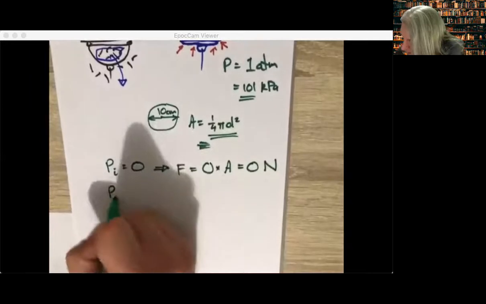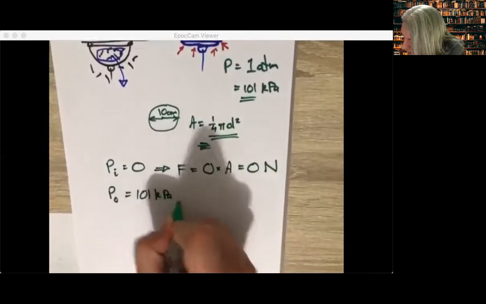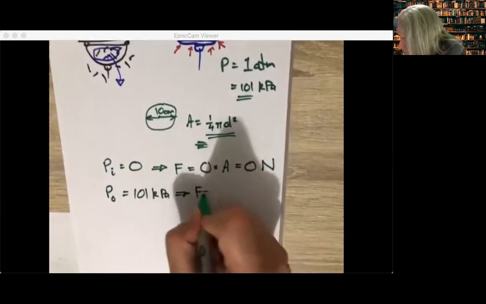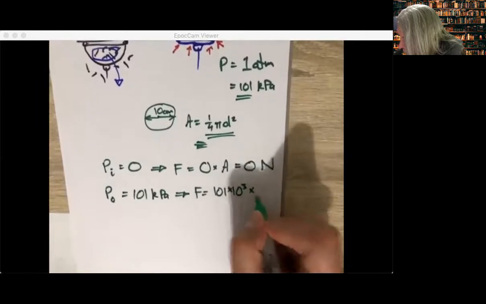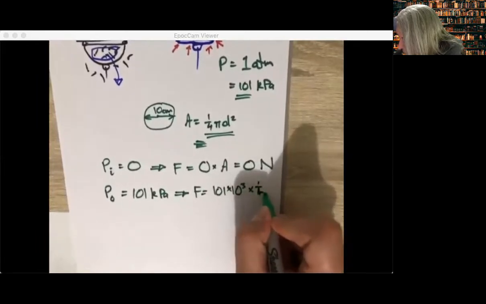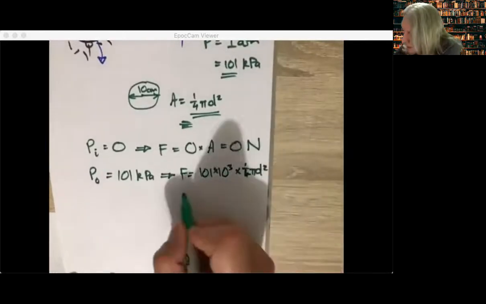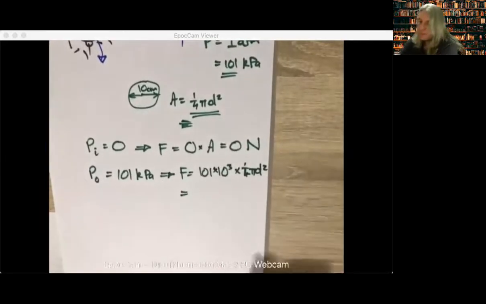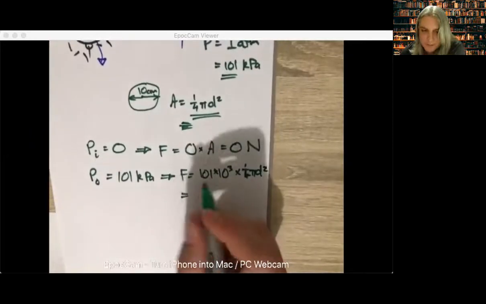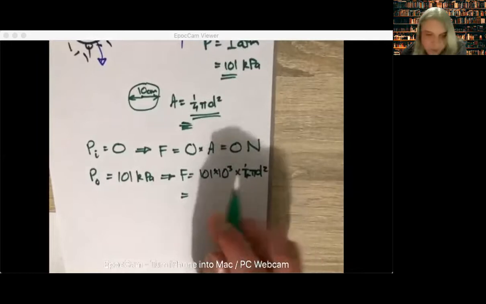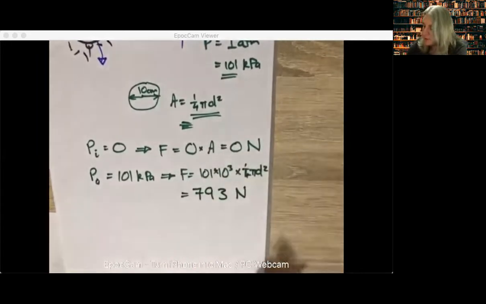The pressure outside is 101 kilopascal, which means the force is going to be 101 times 10 to the 3 times a quarter pi d squared. So now we can actually calculate that force pressing up on the suction cup, and if you've got your calculator and are following along, hopefully you get the same result as me, 793 newtons.